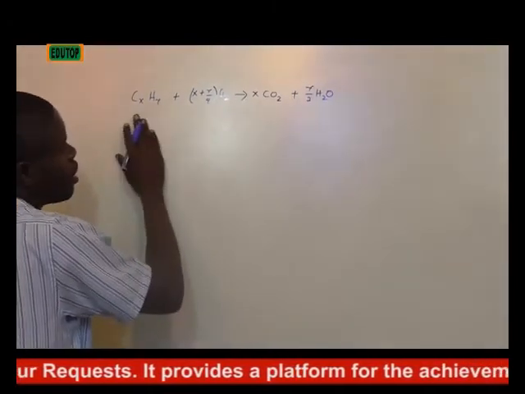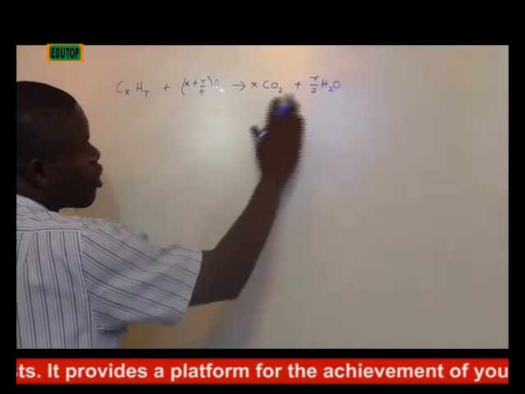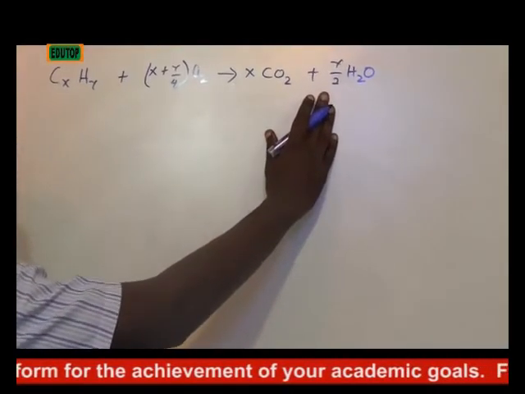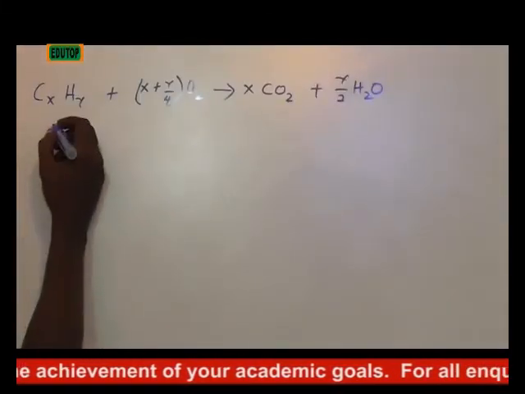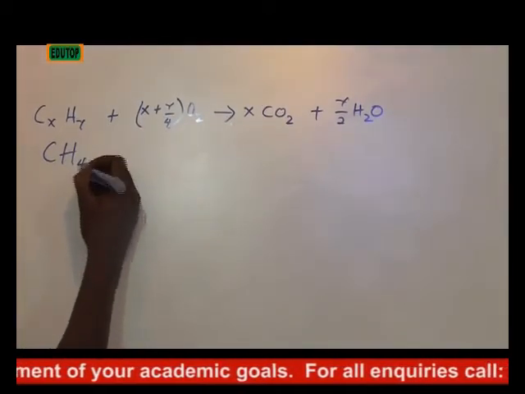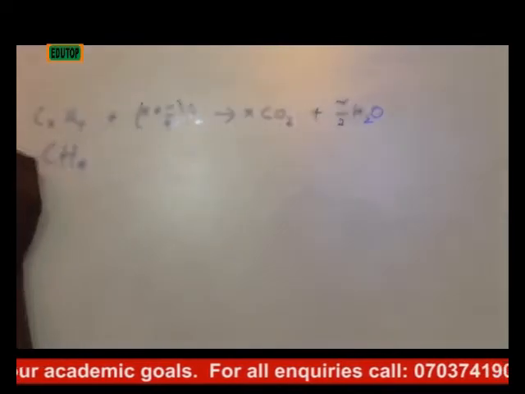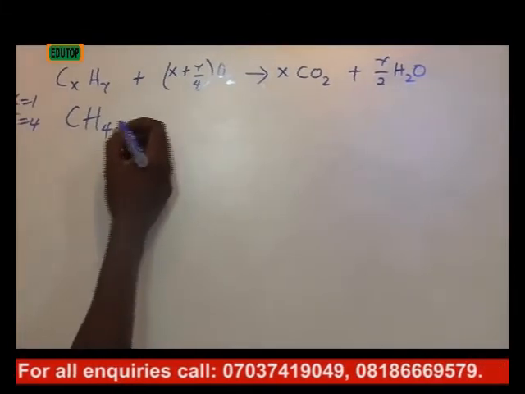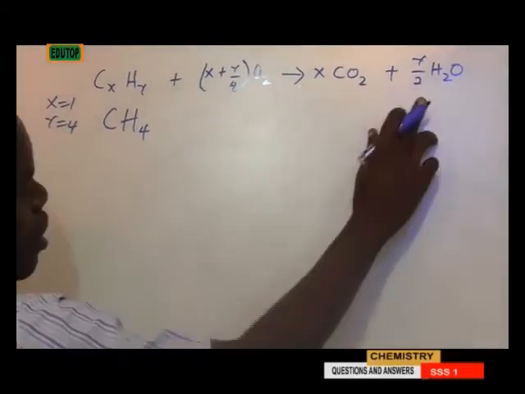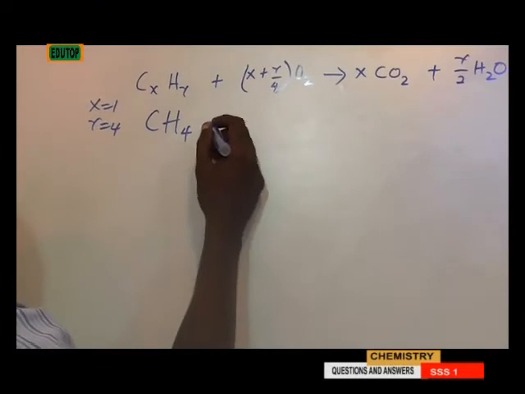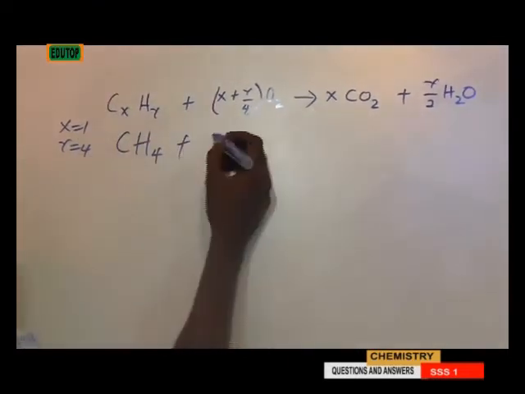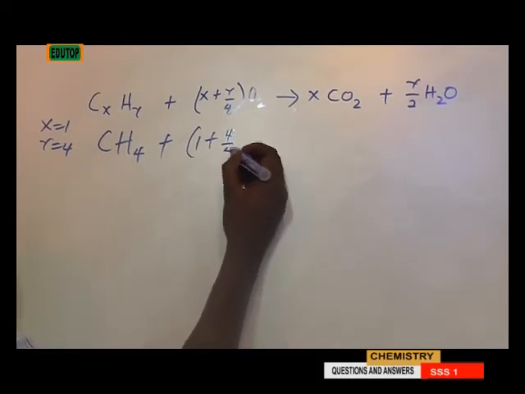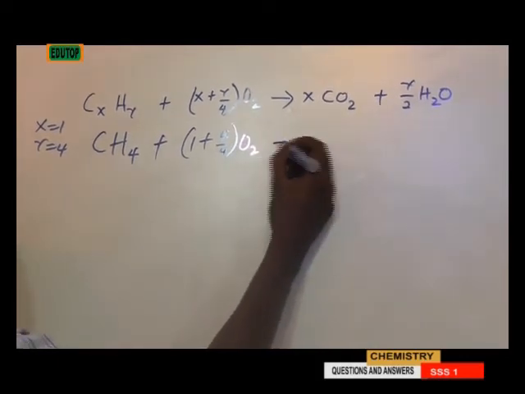This is the general combustion reaction formula. Now, based on CH4, which is methane, here your x is 1, while your y is 4. Then, if you go by the model that you have on the board, you will have x is 1 plus y is 4 over 4 to give you O2.